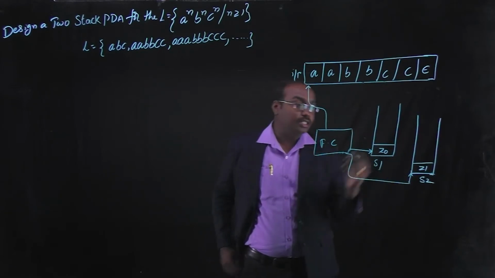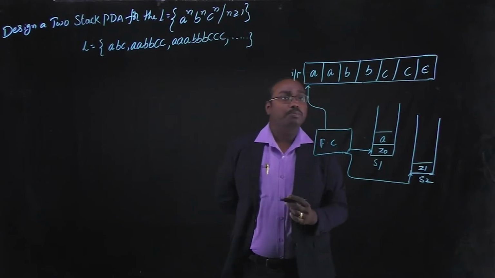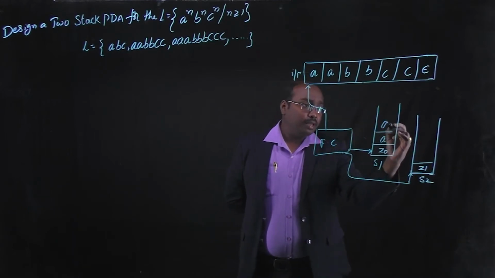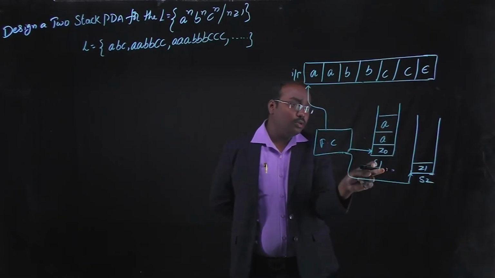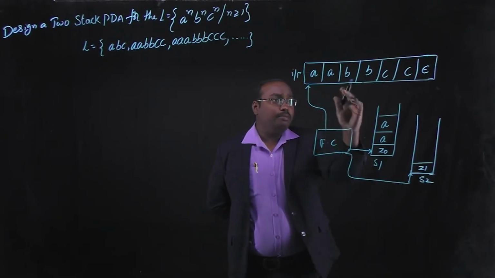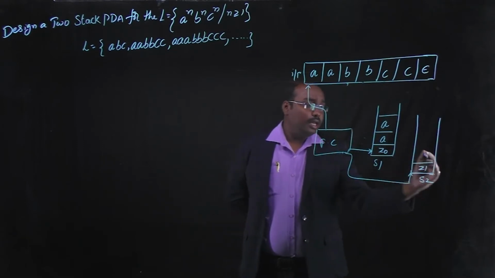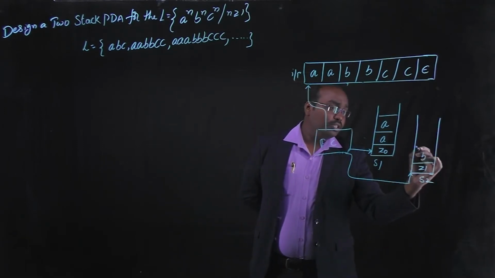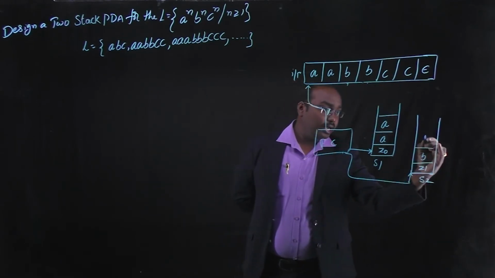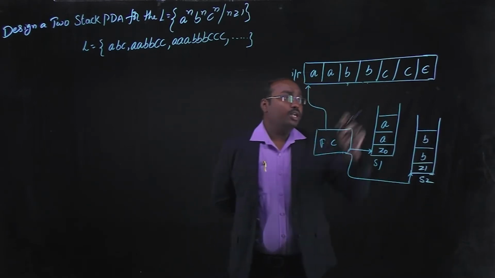So what is the logic? Initially read A. Now we push the element onto the stack. Next again A, and I push that element onto stack 1. Next, when the reading head moves to this place, the input symbol is B, and I push that element onto stack 2, and the next input symbol is B, which is also pushed onto stack 2.